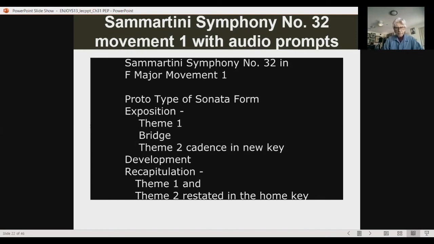Recapitulation, theme 1. Bridge, transition, no modulation in the recapitulation. Theme 2. Development, second time. Modulation back to the home key.